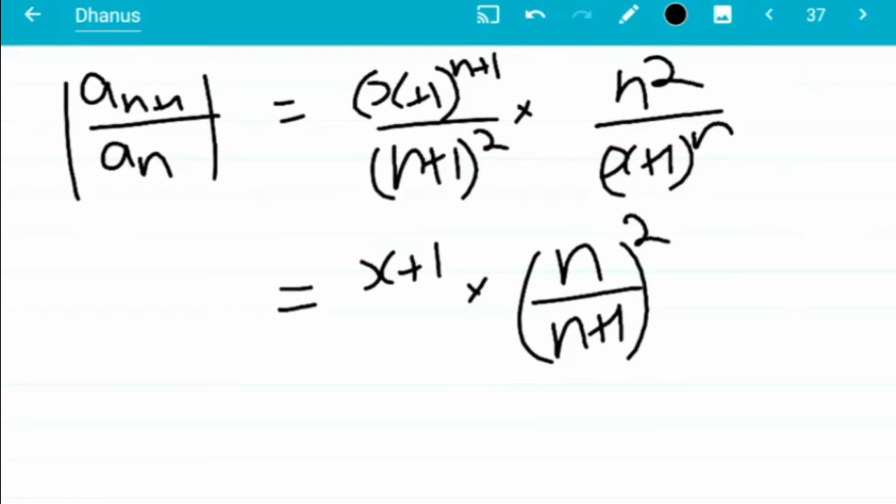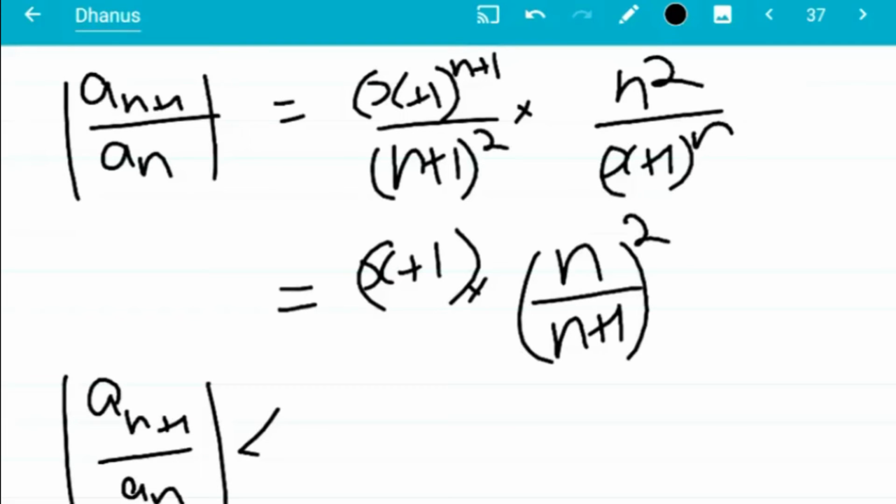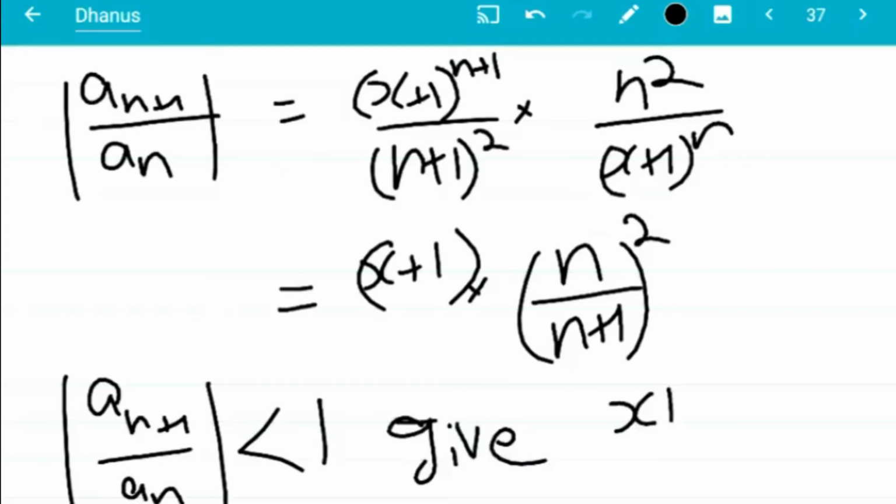n by n plus 1 will be tending to 1 as n tends to infinity, and we need an plus 1 by an to be less than 1, which gives x plus 1.